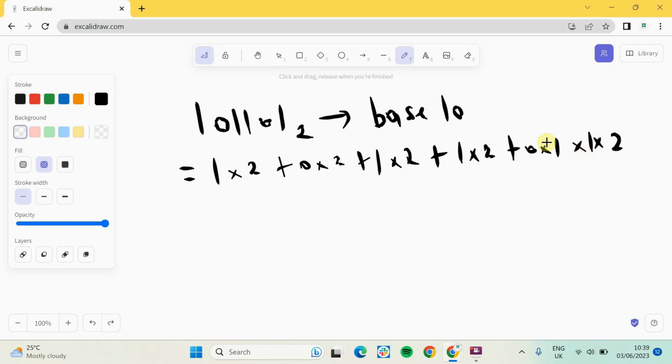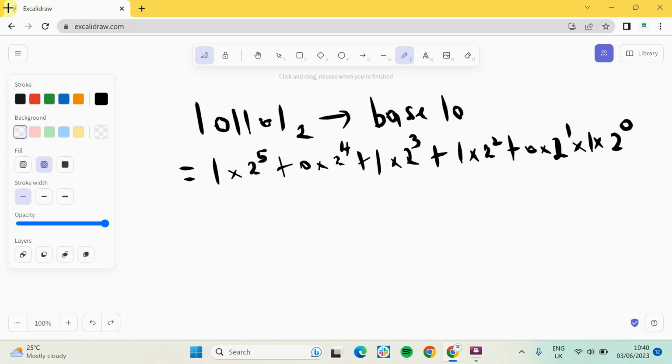So from right to left, we start from 0. So this is 1, this is 2, this is 3, this is 4, this is 5, right?